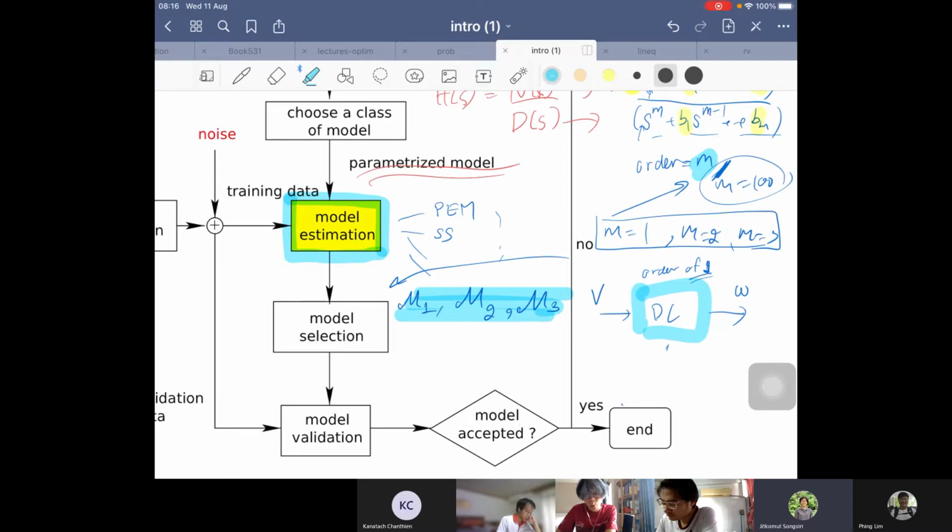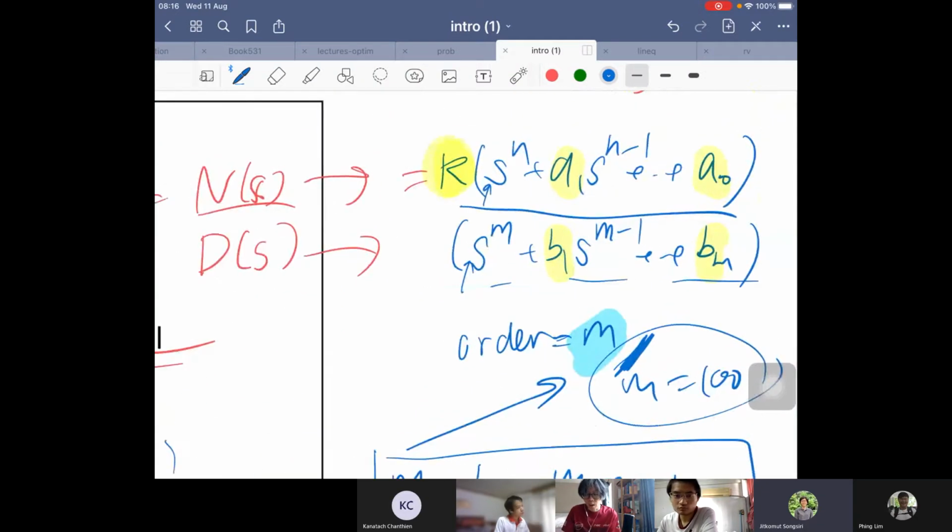We're going to learn how to assess the quality of these models. The quality of a model means how well this model can describe the data. Common sense would say that if the model is more complex, it has many more degrees of freedom because you have many coefficients to choose so that the model can explain the system dynamics.